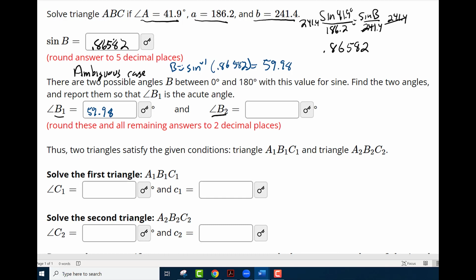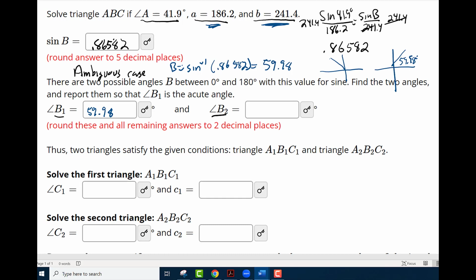Okay, but this presents an issue because sine inverse only returns values in the first and fourth quadrants. So if this happened to be something over here in the second quadrant, we wouldn't know. What it did return was this 59.98. Again, this happens when the unknown side is bigger than the other side when you're doing law of sines, so you have a side-side-angle situation.